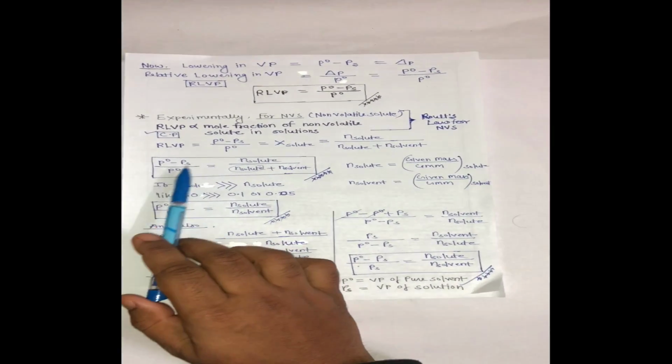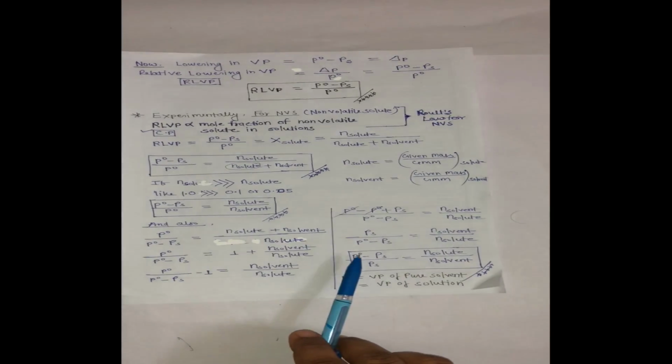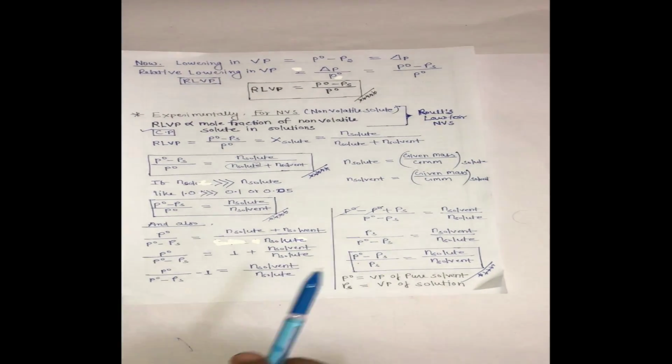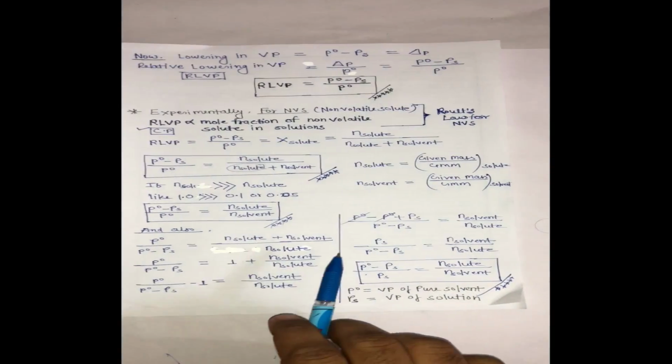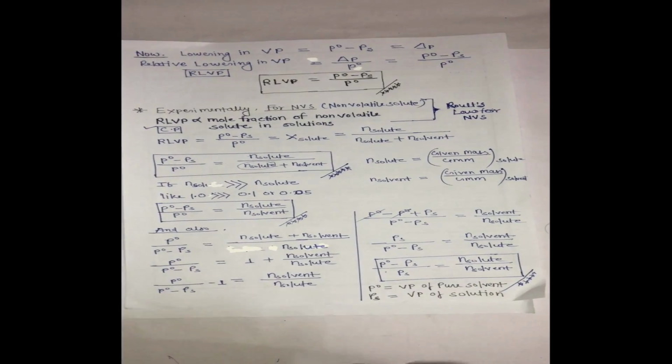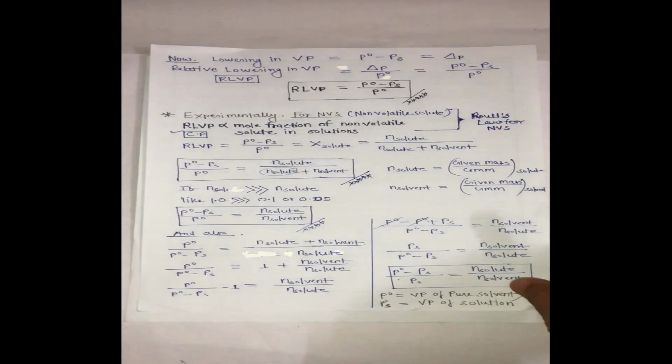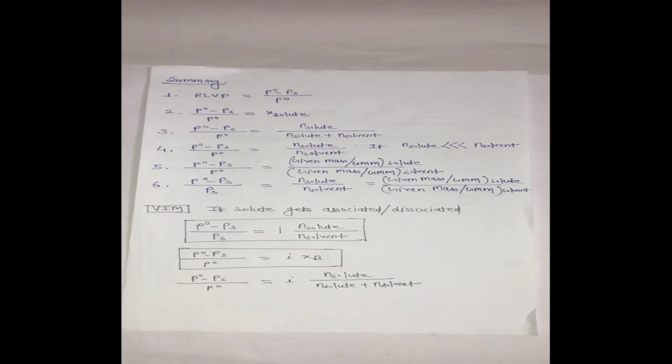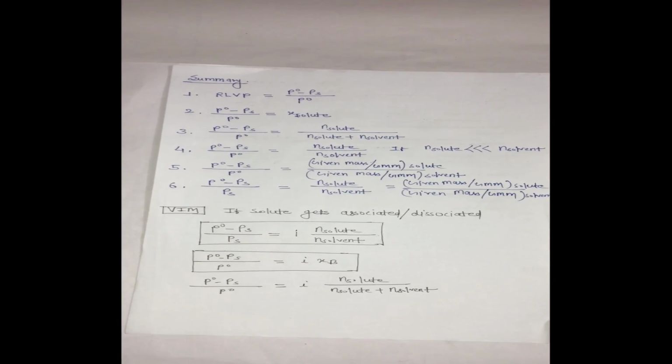Simply (P naught minus PS) divided by P naught, here (P naught minus PS) divided by PS. So no problem, we can use any formula and we will get the answer in the numerical portion. P naught equals VP of pure solvent and PS equals VP of solution always. So in summary, we have 3, 4, 5 formulas.